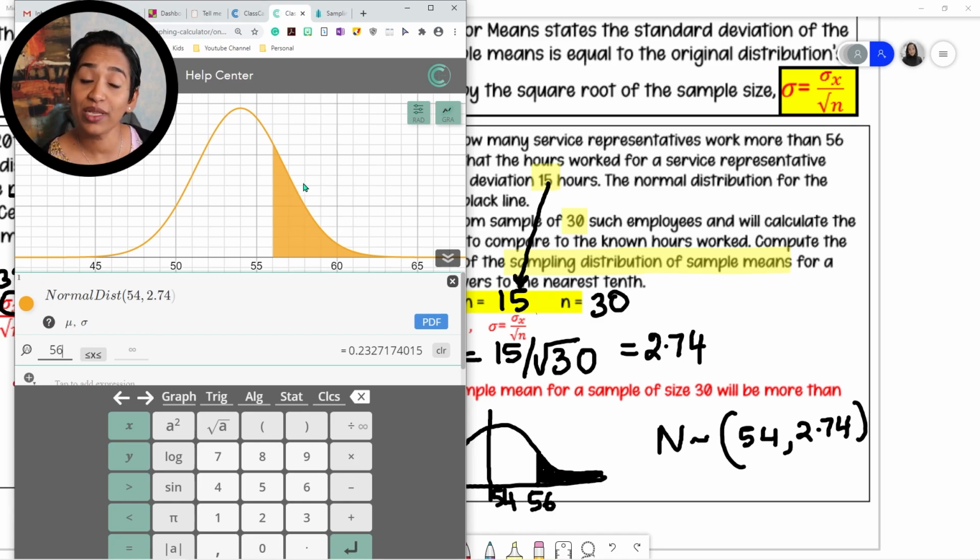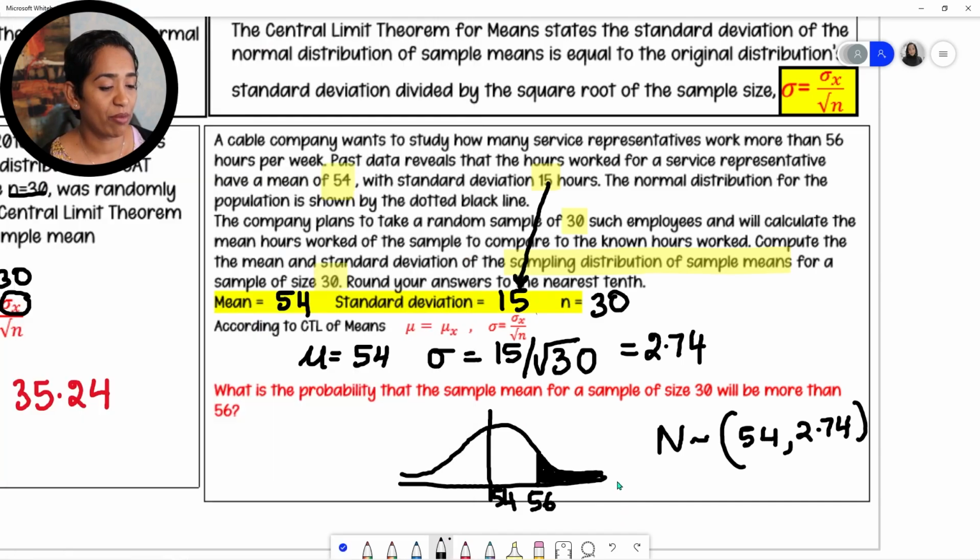This is the probability, and that's exactly what I'm looking for. So what is my probability? 0.2327. So the probability that x is greater than 56 is 0.2327. And that is your final answer.